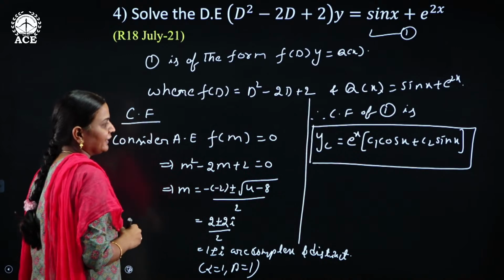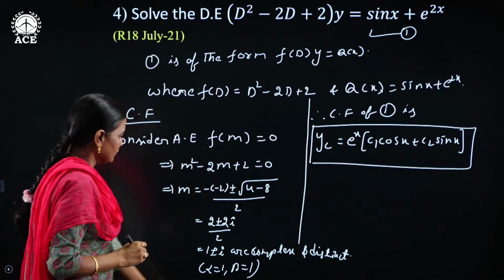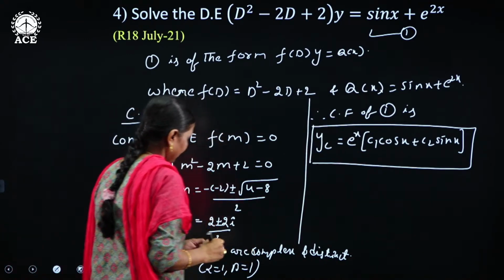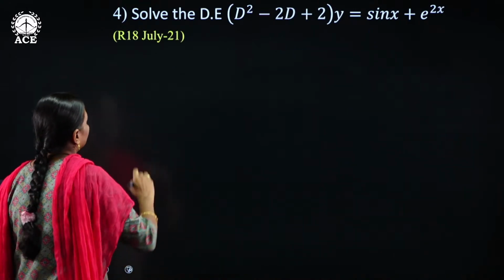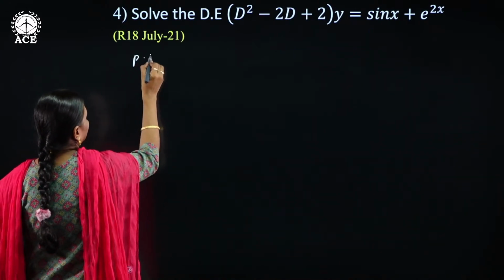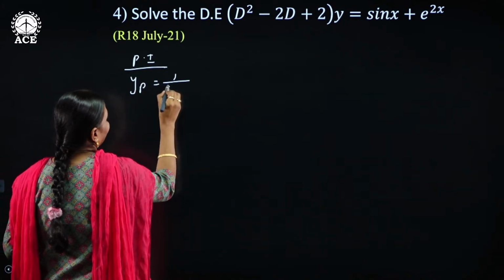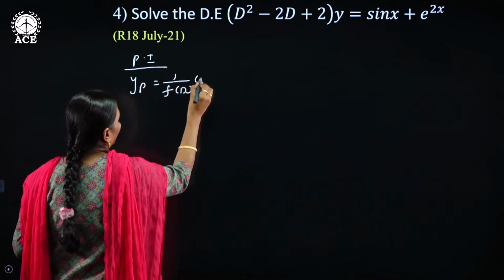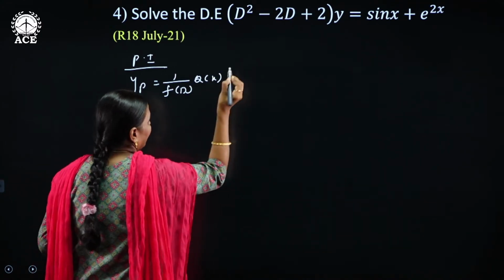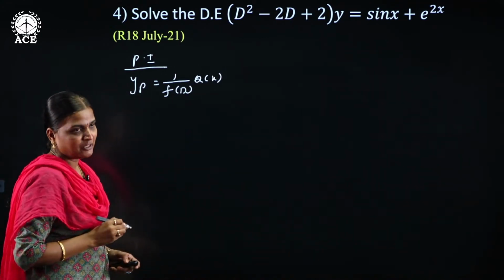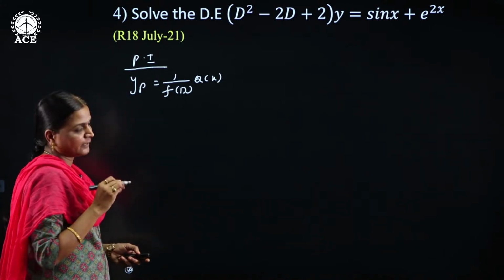Next, how to find the particular integral? So here the particular integral can be written as, first write the definition. What is the particular integral definition? yp is equal to 1 by f of D into q of x. When q of x contains more than one term, first split the particular integral.